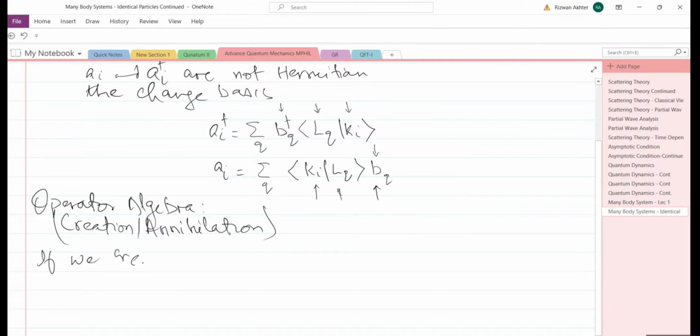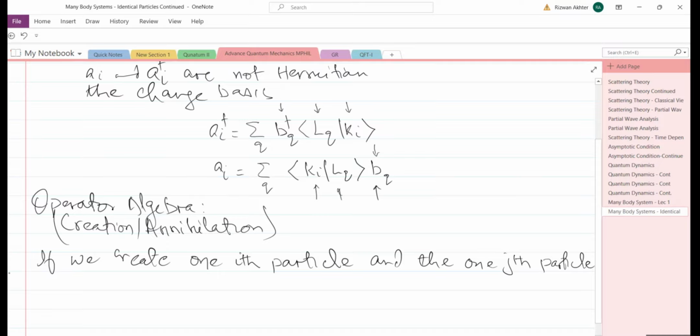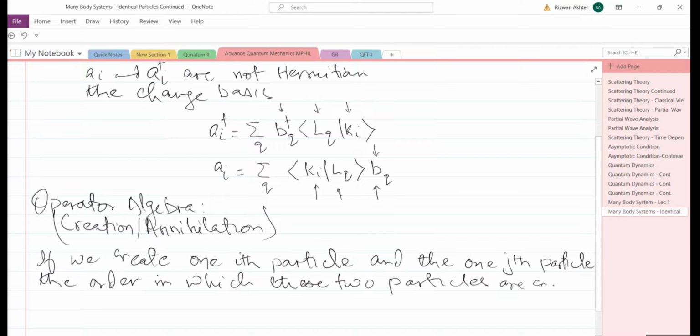If we create one ith particle and then one jth particle, the order in which these two particles are created is not important.